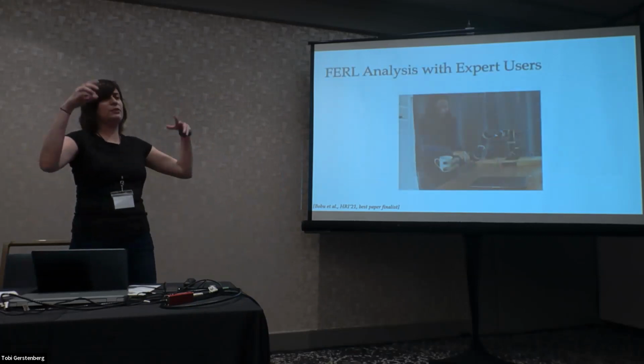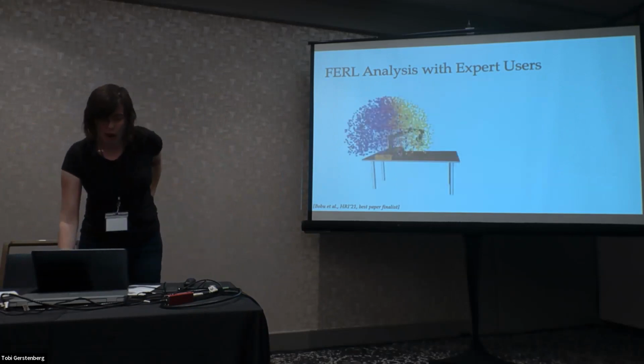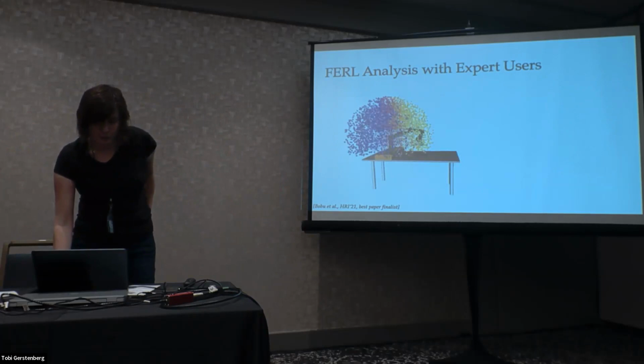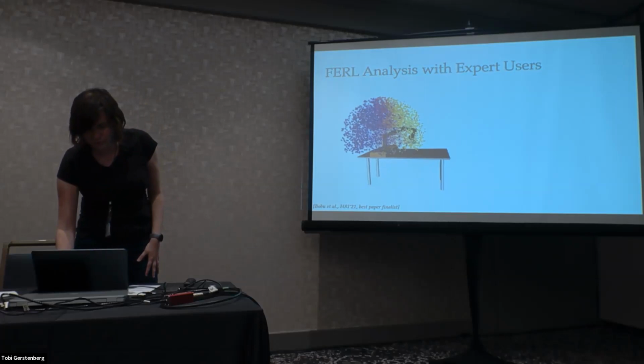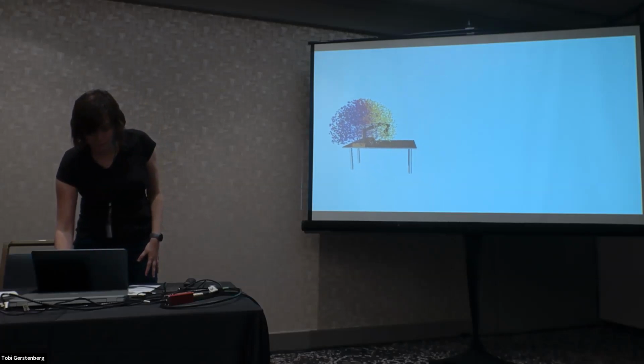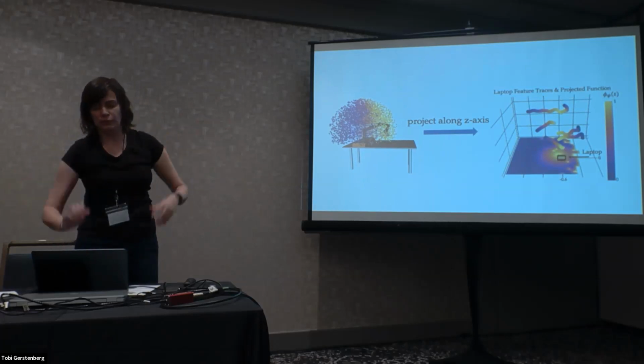So with expert users, aka Andrea, this is the visualization of the learned reward function, or rather the learned feature. I'm going to take these features and project them onto the table surface.